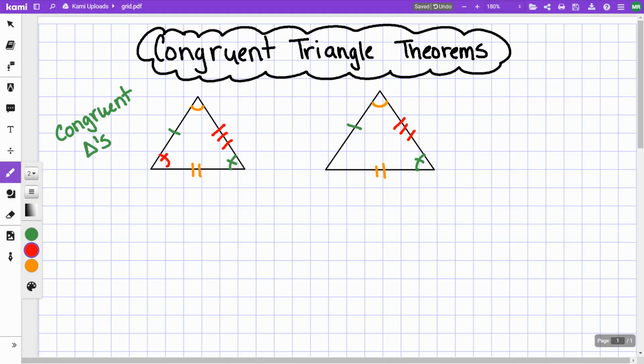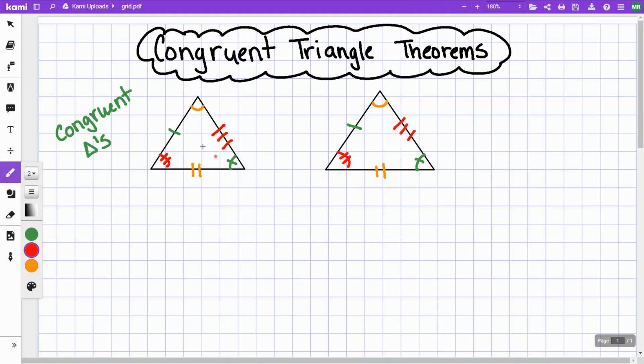And if that is true, then the triangles are congruent. But we don't have to always make sure that all 6 of these, 3 of these sides and 3 of these angles, are the same.